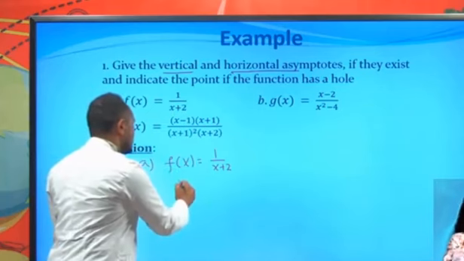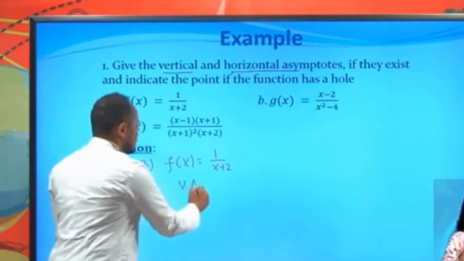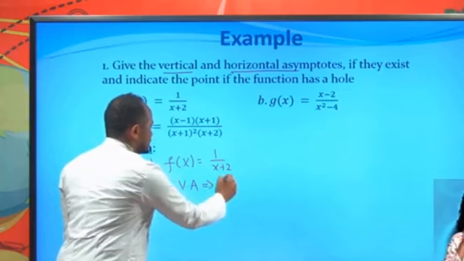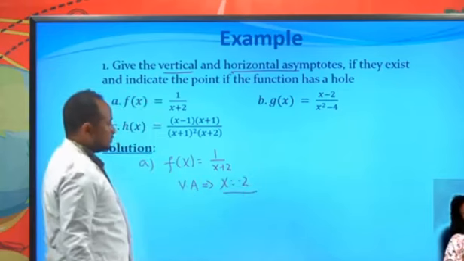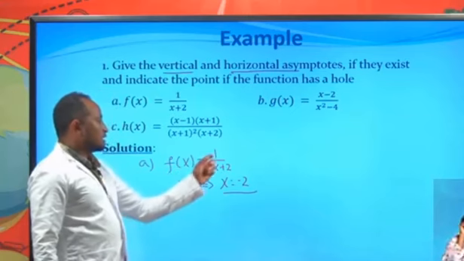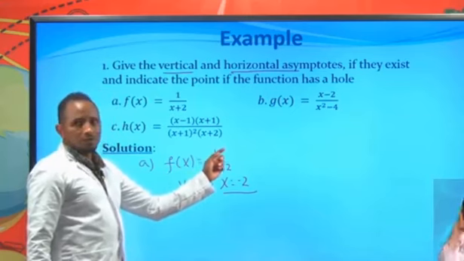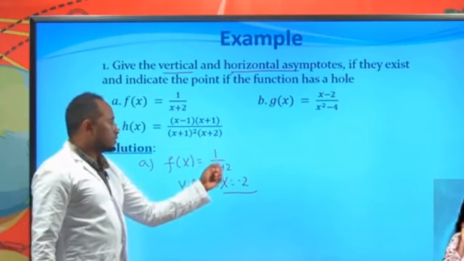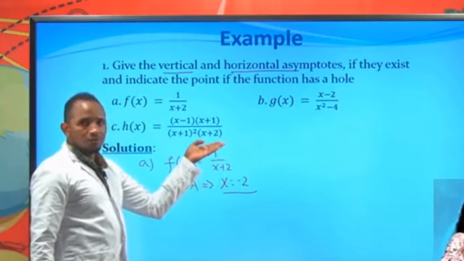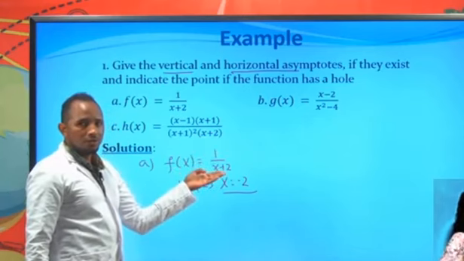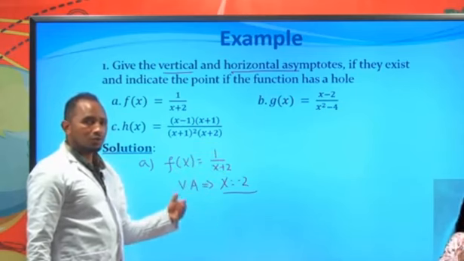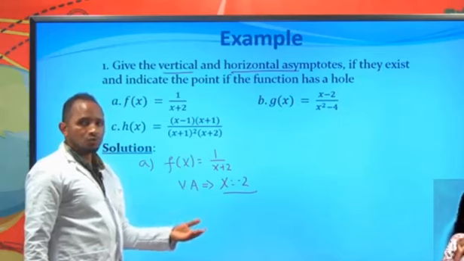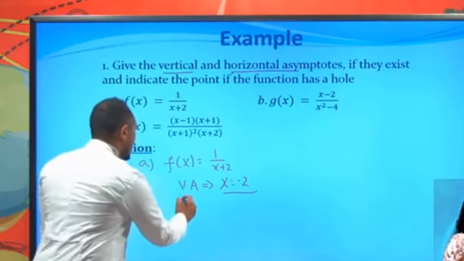Let's check for this one. If you put 2 here, it makes the denominator 0. Not only this one, it makes the numerator also 0. And when you simplify this, you'll have only 1 over x plus 2. Therefore, this function will have a hole at x equals 2, since x equals 2 makes both the numerator and denominator 0.